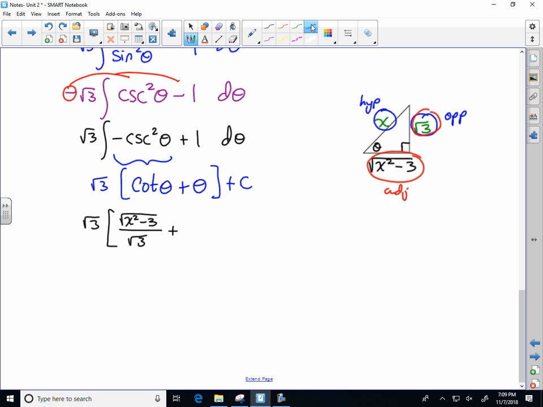So I'll take the one that we did designate above, and that was cosecant of theta is equal to hypotenuse over opposite. And then take the inverse cosecant of both sides. And you get theta is equal to the arc cosecant of x over root 3.